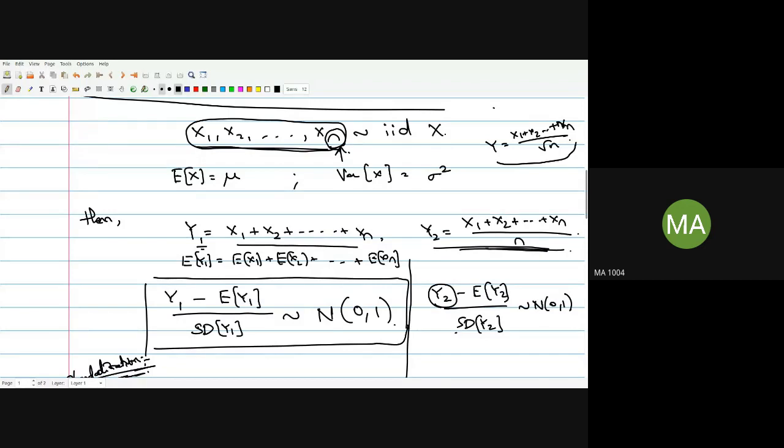This particular random variable y will slowly tend to follow a normal distribution with mean 0 and variance sigma square. But that is true for the moment generating function. So is it true for every function? Can we say that?